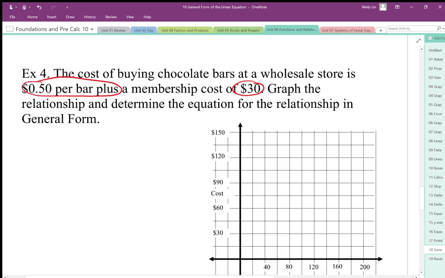So I think we're going to start this by writing the relationship. The cost is equal to 50 cents times the number of bars plus the $30 membership. And so we can rewrite this as an xy equation.